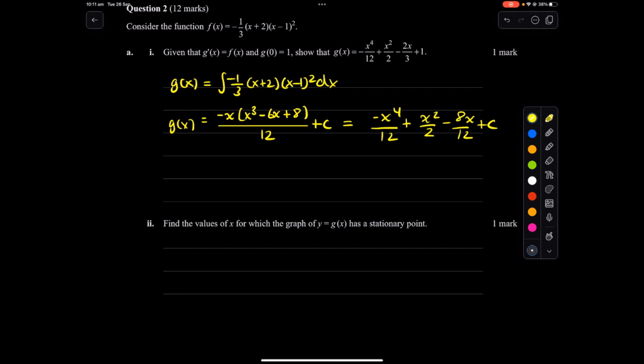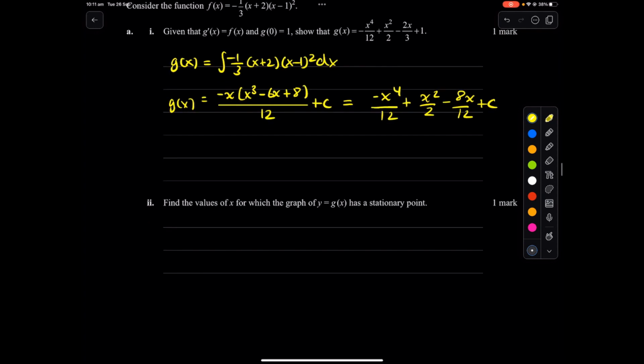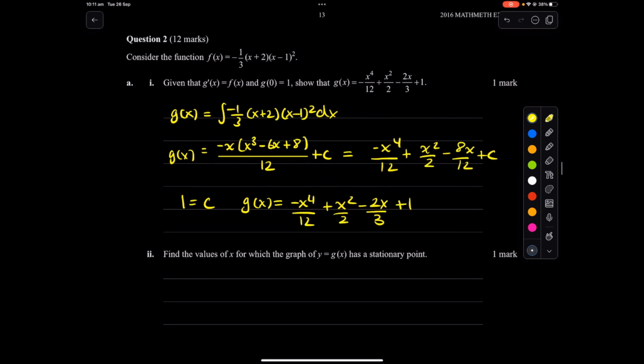Now this is easier to deal with, so if I sub in 1 and sub in 0, c is equal to 1. So g of x is negative x to the 4 over 12 plus x squared on 2 minus 2x over 3, because this simplifies, plus 1. That took very long for a 1 mark.